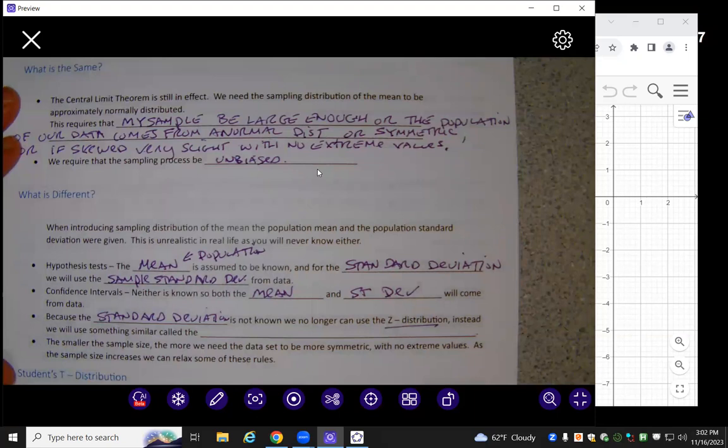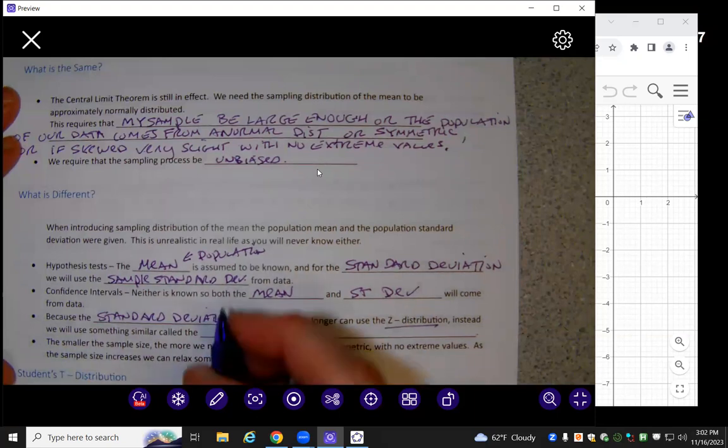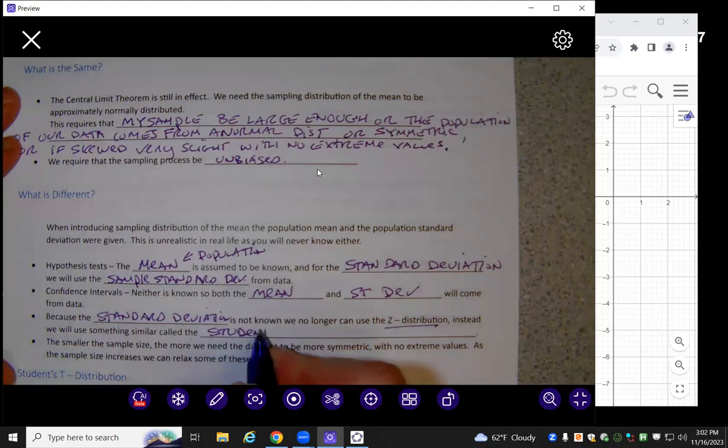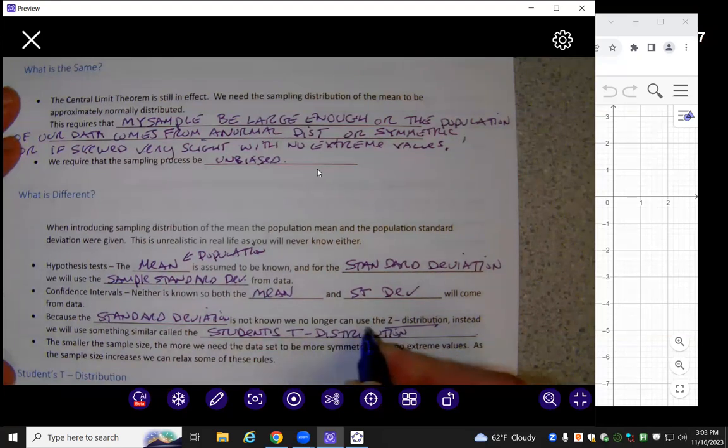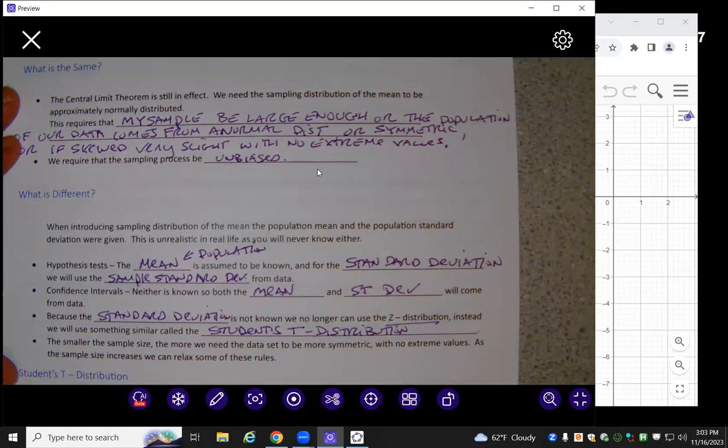Instead, we will use something similar, whose full title is Student's t distribution. And we're going to definitely talk more about this distribution.